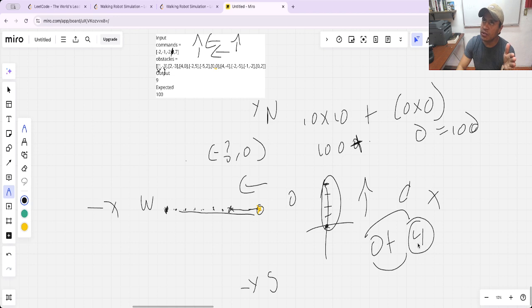But the way to discover if you have an obstacle inside this path is basically with the range, 0 to 4, and we need to discover if any of these values appear in the obstacles.